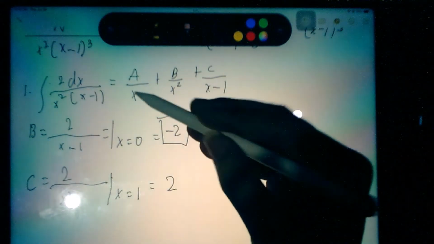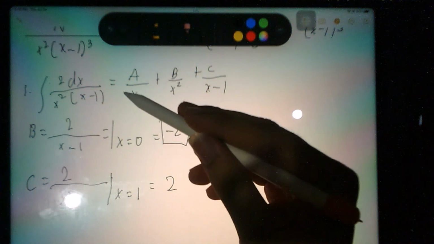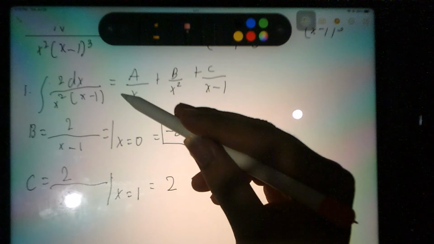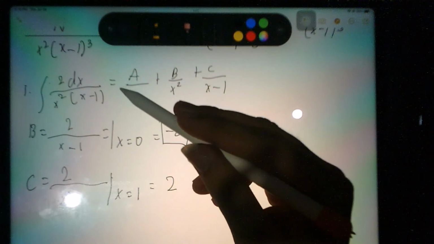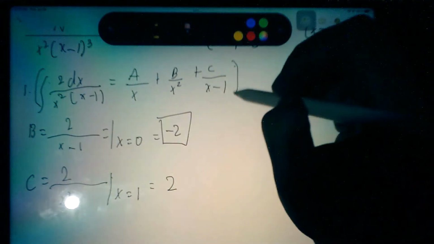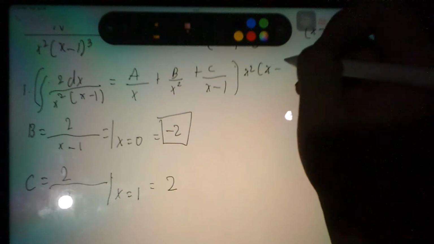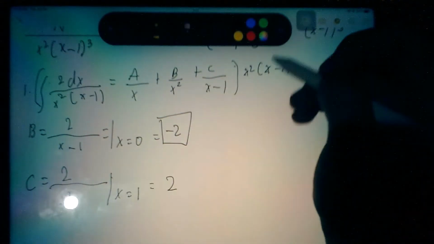Now we find our value a by using the substitution method. So we first find the LCD of this equation, which is x squared times x minus 1. Now we apply this.